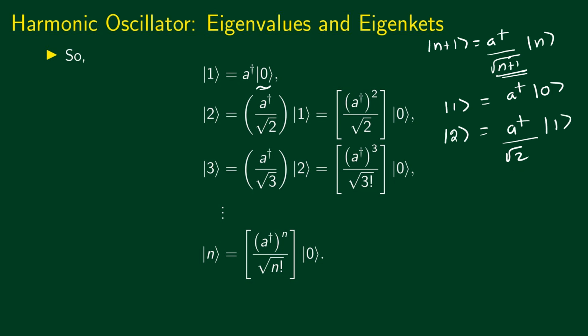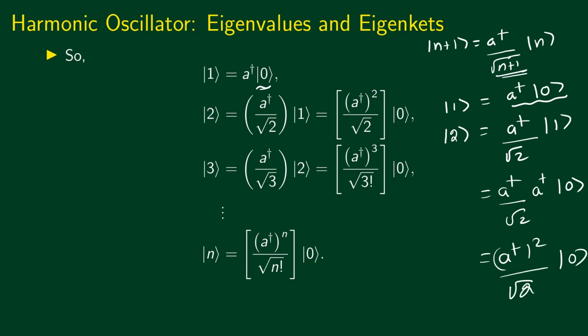But what is ket 1? Ket 1 is a dagger acting on ket 0. So we can write this as a dagger divided by square root of 2 multiplied by a dagger acting on ket 0. This is a dagger squared divided by square root of 2 acting on ket 0.